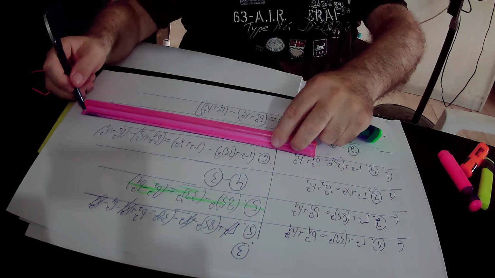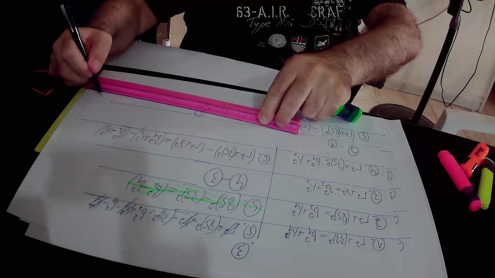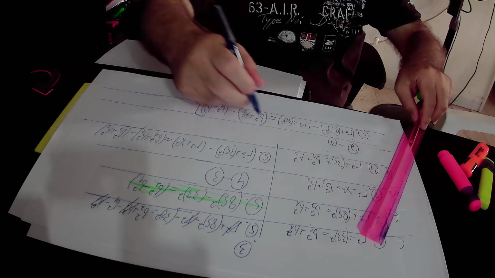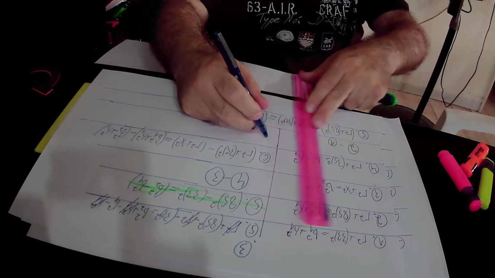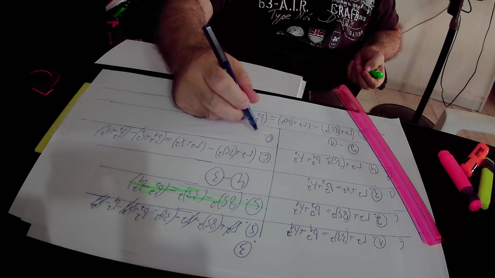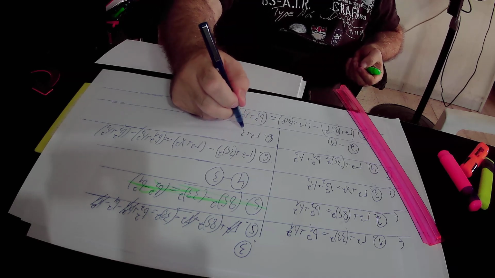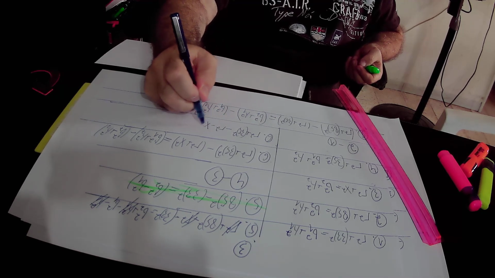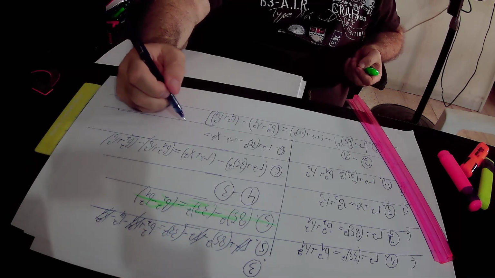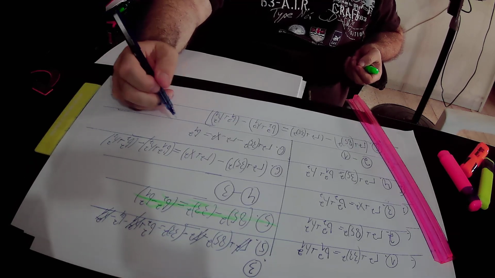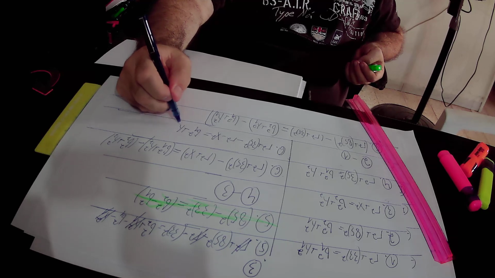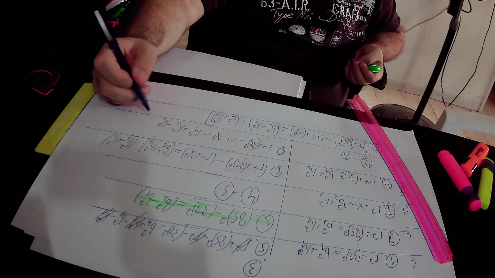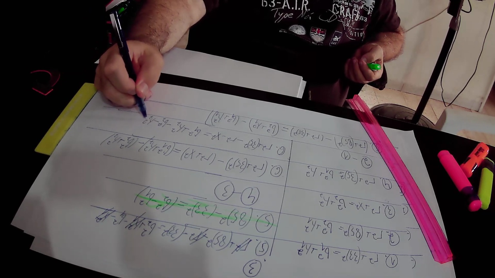In the next step we'll open the brackets of equation number 6, and we get that according to equation number 6, r squared plus 35 squared minus r squared minus x squared equals b1 squared plus h2 squared minus b2 squared minus h2 squared.